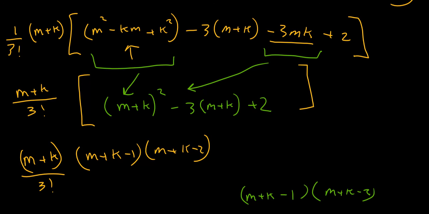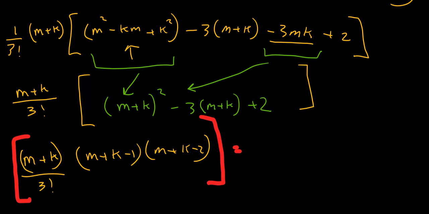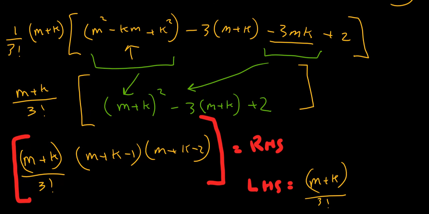Okay, finally, this is our right hand side, and our left hand side after simplification was, let me just scroll back and look at the question, m plus k all over 3 factorial multiplied by m plus k subtract 1 and m plus k subtract 2.